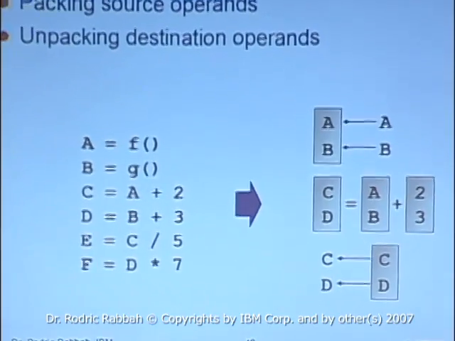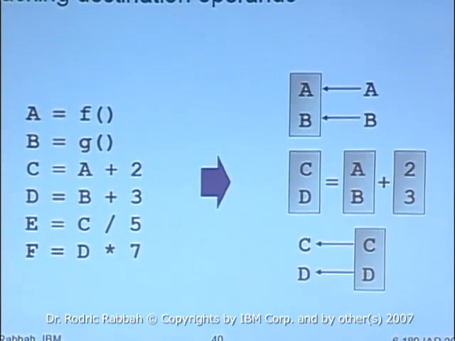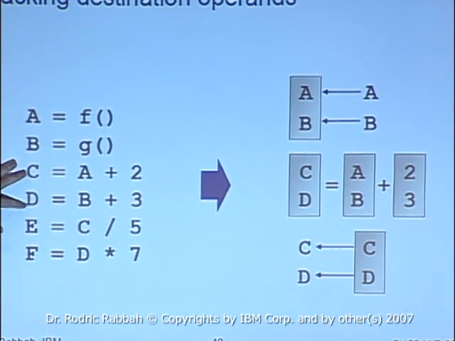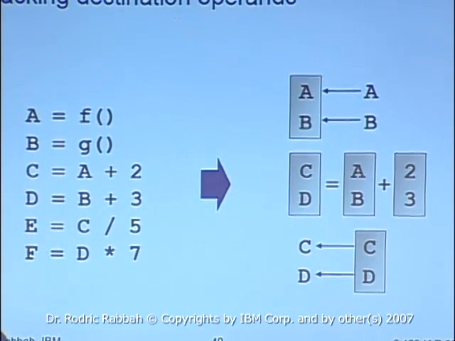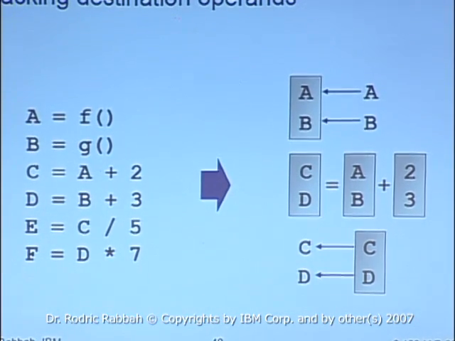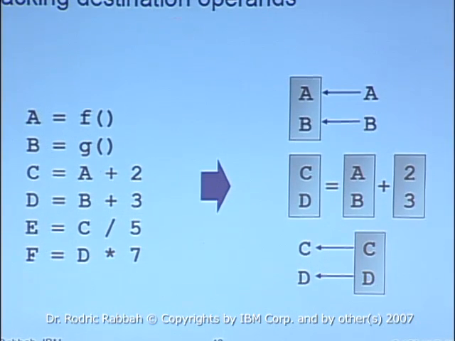So if I have a 4-way vector register, then I have to do 4 of these moves, and that essentially is the packing. Then I can do my vector computation, which is really these 2 statements here. And then eventually I have to do my unpacking because I have to get the values out to do this operation and this operation. So there's an extraction that has to happen out of my SIMD register.